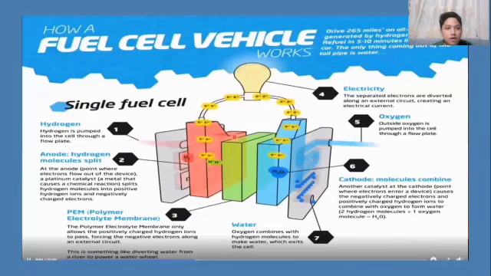Next, how a fuel cell vehicle works. Una dito yung hydrogen is pumped into the cell through a flow plate. Yung pangalawa, anode: hydrogen molecules split at the anode point where electrons flow out to the device. A platinum catalyst, a metal that causes a chemical reaction, splits hydrogen molecules into positive hydrogen ions and negatively charged electrons.